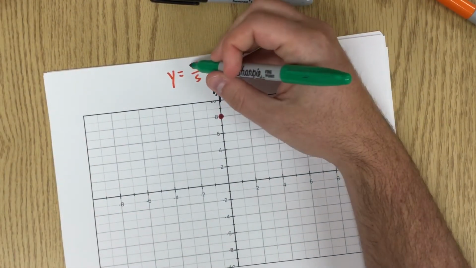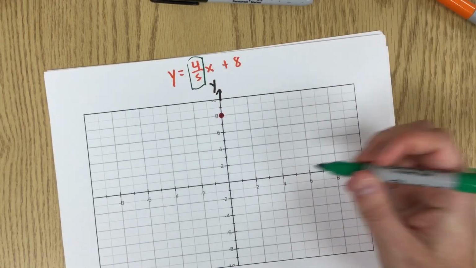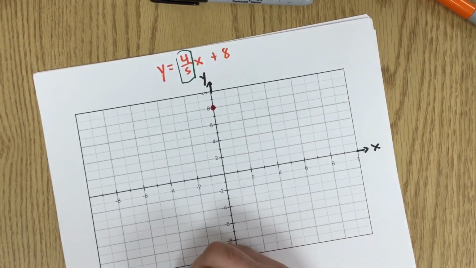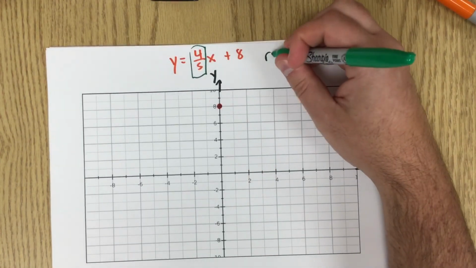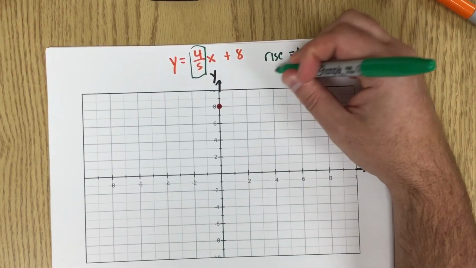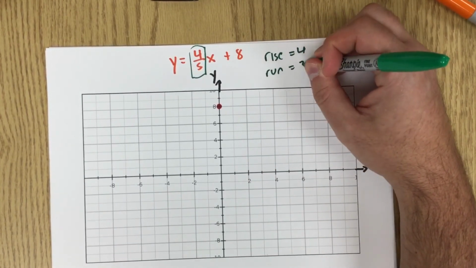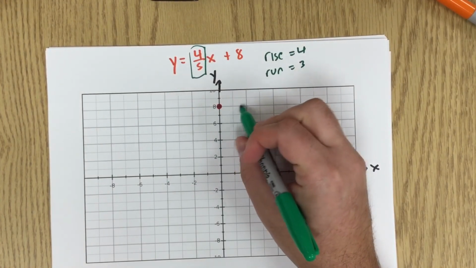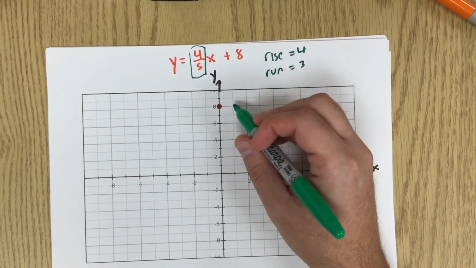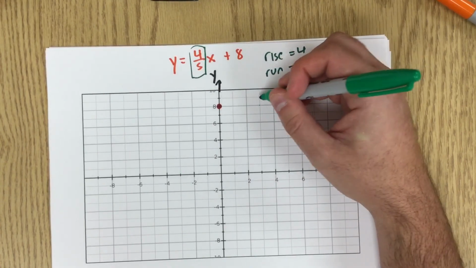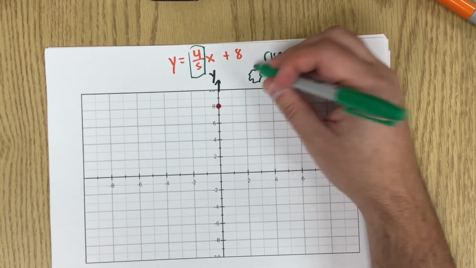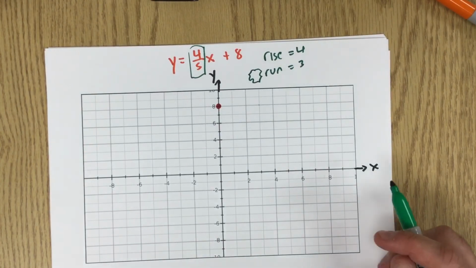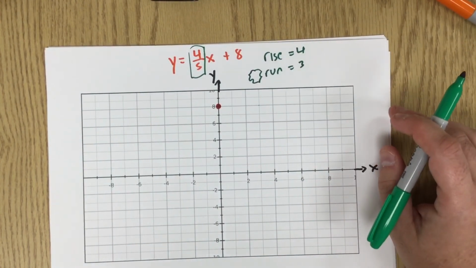And we know from the slope that the rise is 4 and the run is 5. So if I run 5, 1, 2, 3, and then rise 4, 1, 2, 3, I'm off the graph in the weird zone. And that's not so great. I don't want to put my point over there.